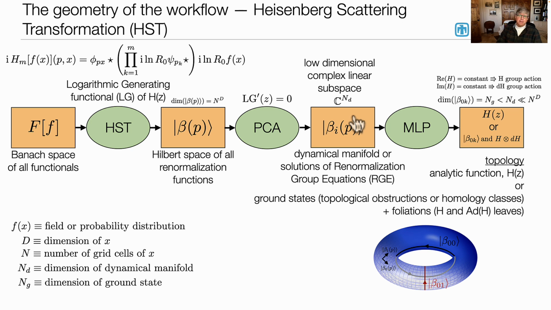Okay, and now there's one part left to it, which is that we want to find out what the Hamiltonian, this analytic function, is on this low dimensional manifold.